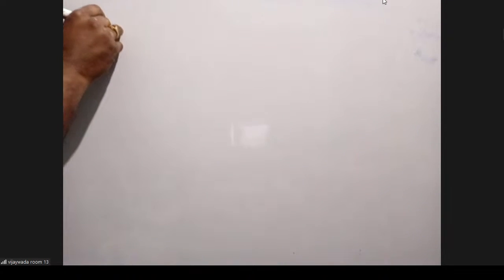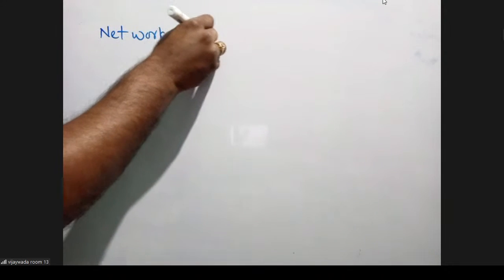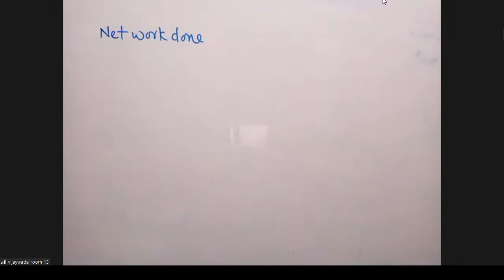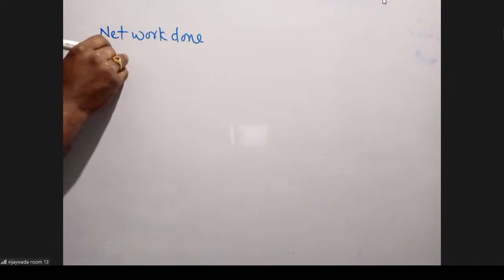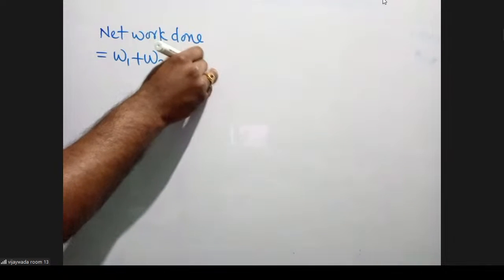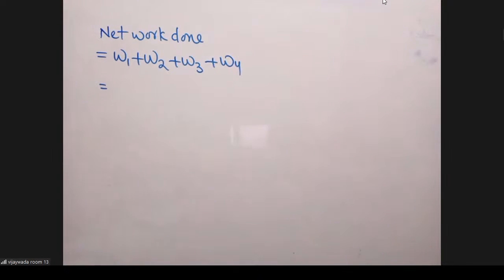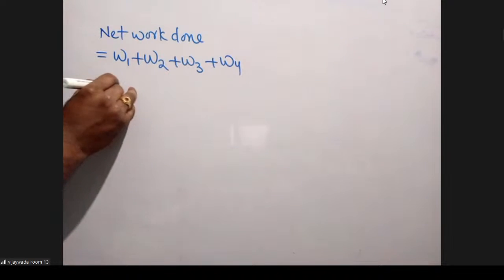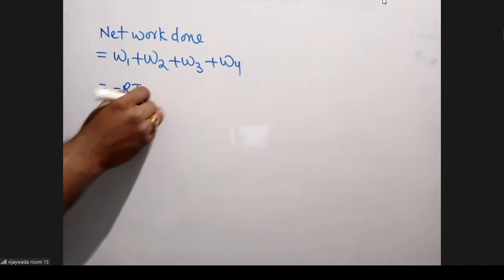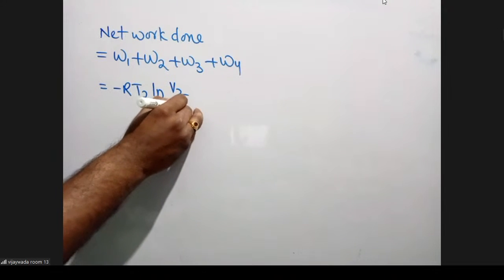So finally, network done by the system. Final network done equal to W1 plus W2 plus W3 plus W4. What is W1? Minus R T2, sorry, here temperature is T2, ln V2 by V1.